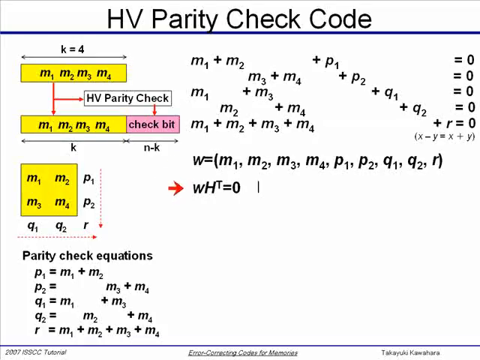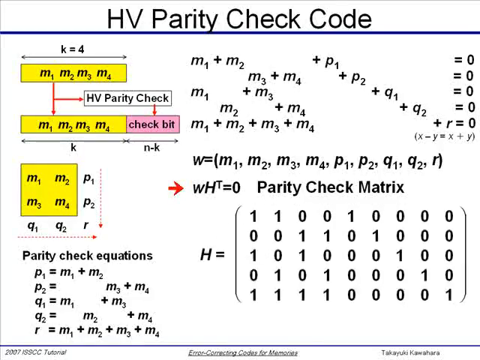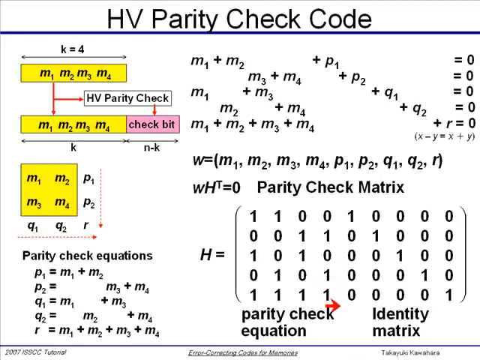So therefore, the parity check matrix looks like this. Looking at this matrix, we can find that this is the identity matrix, and this is related to the parity check equations. So we can get G, we can get H, and therefore we can calculate the syndrome.